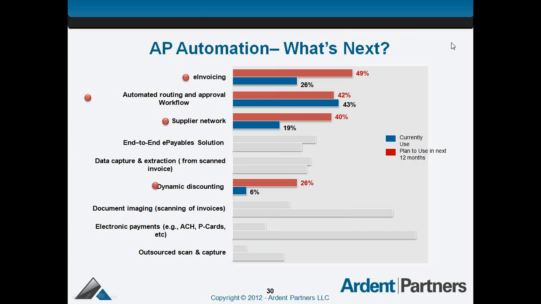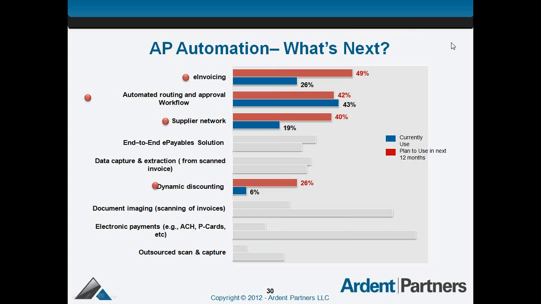However, part of the challenge at the moment is that there are several networks and they don't necessarily interact with one another on the scale and the capability that we would like. It's sort of like if I'm using an AT&T mobile phone, I would not be able to call or accept a call from someone using a T-Mobile phone, and this really presents a challenge. And once this is solved, we're going to see a big leap in the usage of e-invoicing and supplier networks.